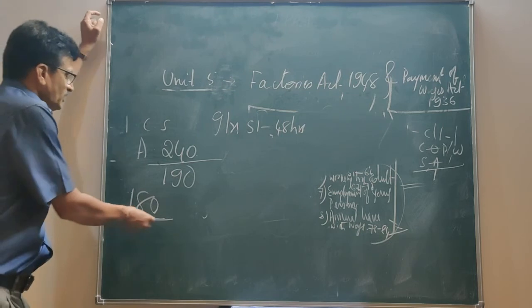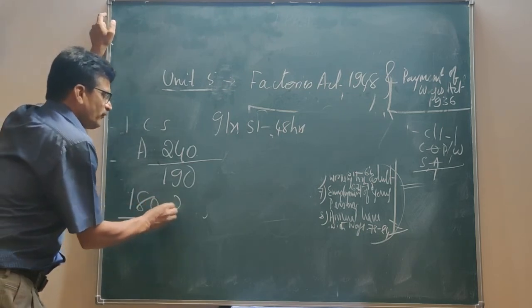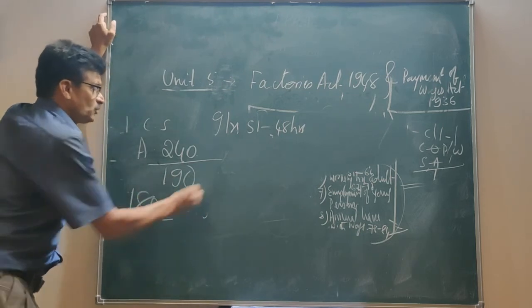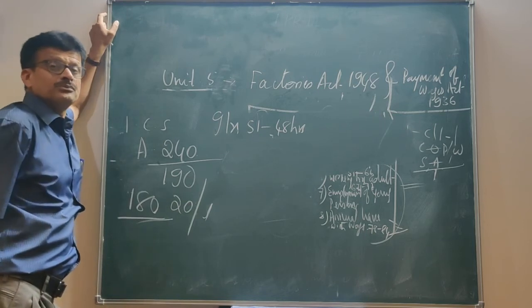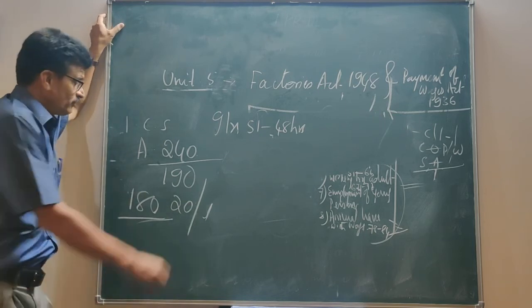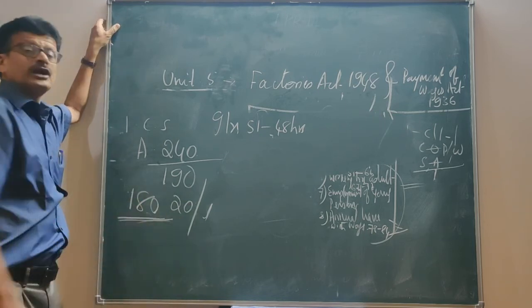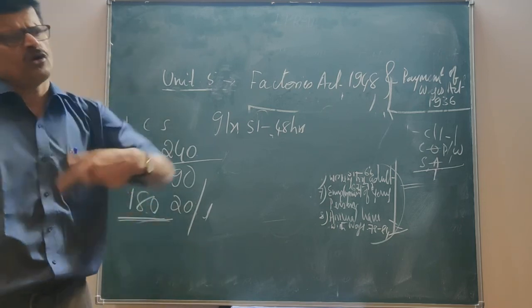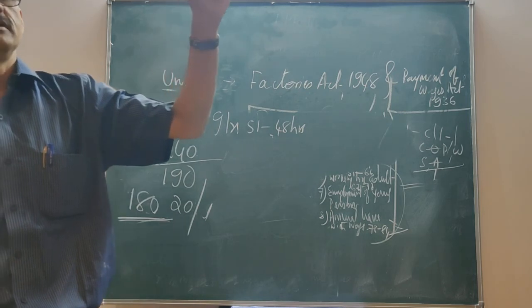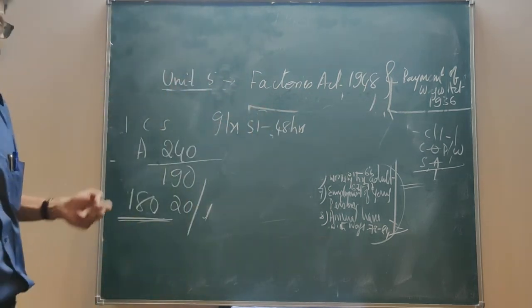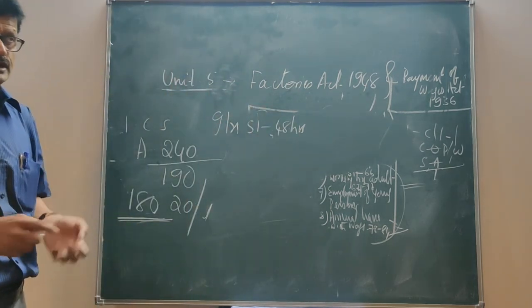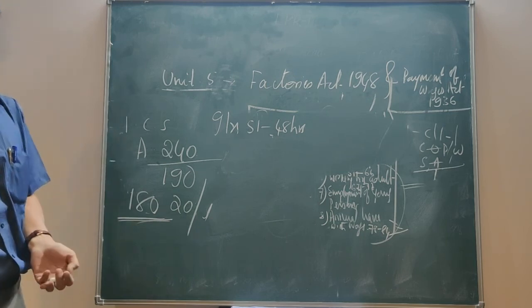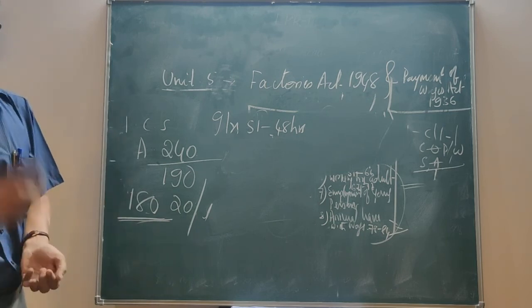You are adult: for every 20 actual working days, 1 day of bonus leave. You have worked 180 days, so 9 days will be added. Or if you have worked all the days, 280 days, then 14 days will be added. Because you are an adult worker, for every 20 actual working days in the preceding year, 1 day of bonus leave.